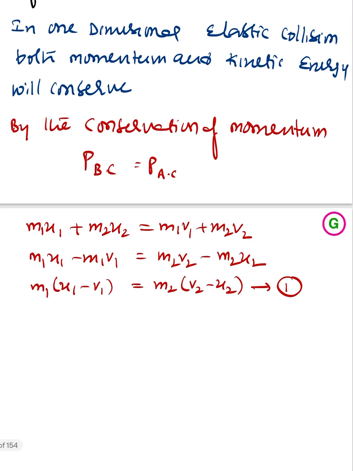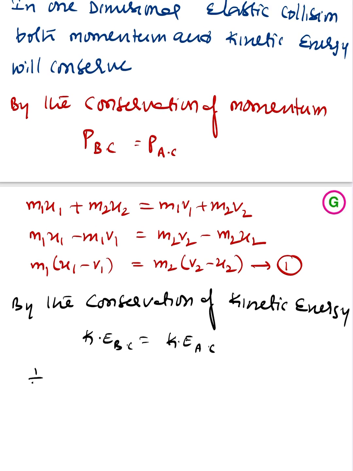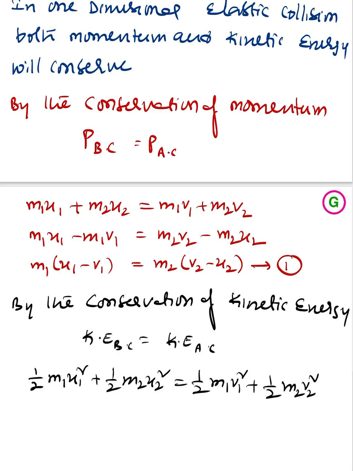Now, by the conservation of kinetic energy, the total kinetic energy before collision equals the total kinetic energy after collision. That means half m1 u1 square plus half m2 u2 square equals half m1 v1 square plus half m2 v2 square.